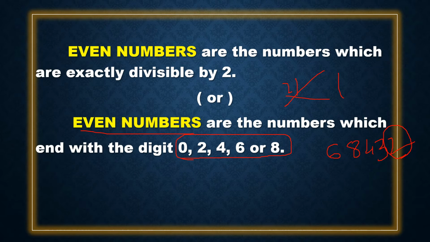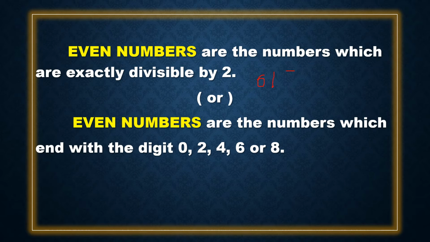If this units digit is from this set, then it is an even number. This units digit should be 0, or it may be 2, 4, 6 or 8. If the units digit is from this set, then such numbers are called even numbers. Simple. Any number you can take, like 6176 or 53, you should see the units digit.